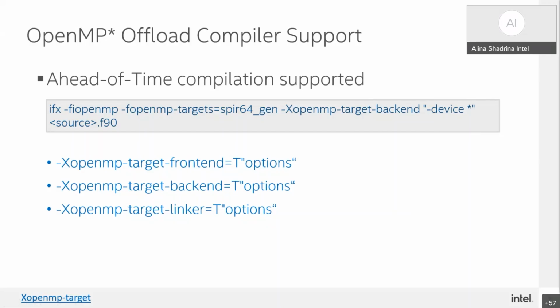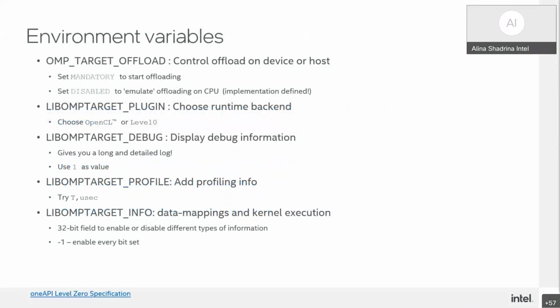And this is really helpful if you are going to debug your application, because ahead of time compilation moves any runtime issues to compile time. In addition to compiler options, there is a list of variables that give you some control at runtime.